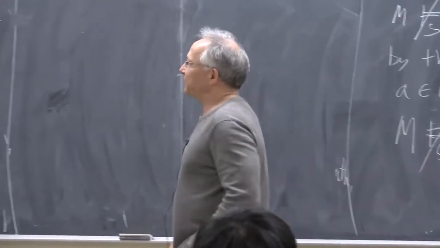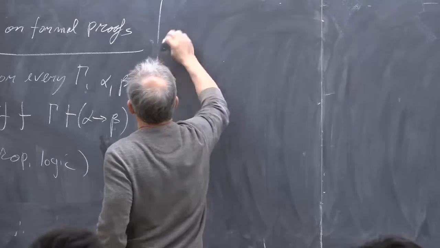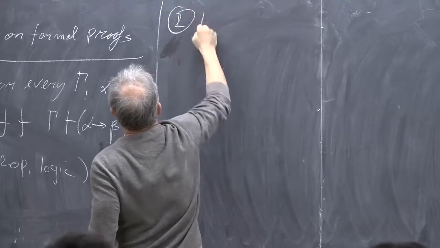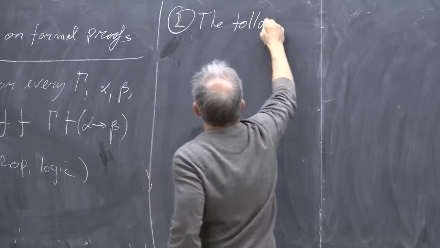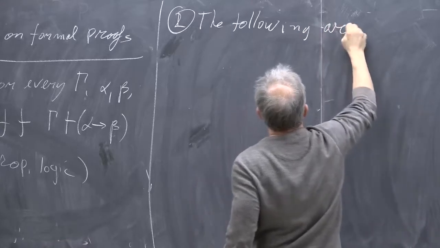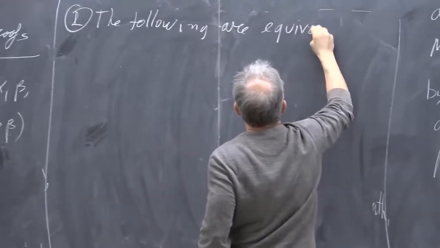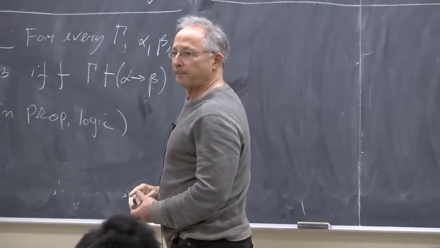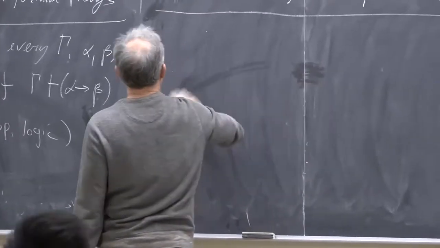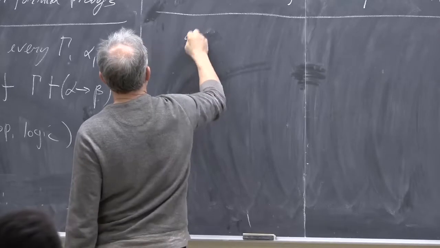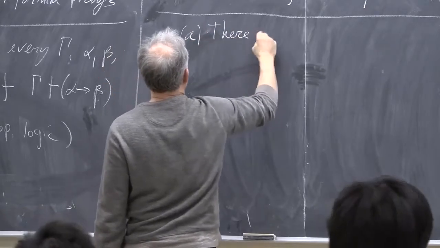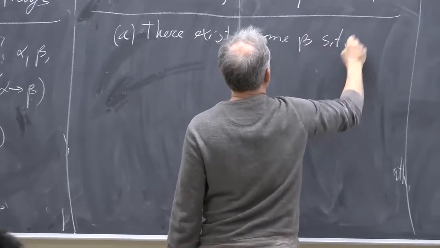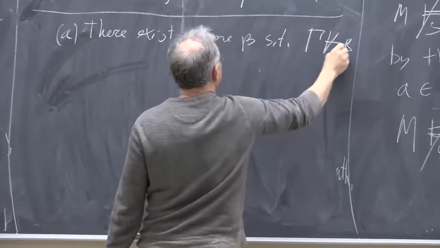Okay, so the next one, theorem 2: the following are equivalent. One of them says that there exists some beta such that gamma cannot prove beta.